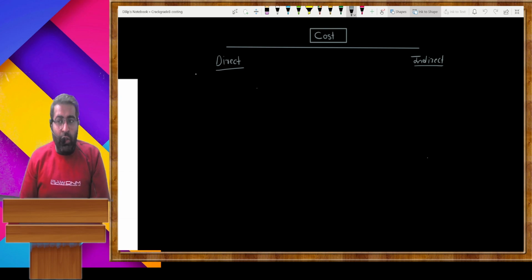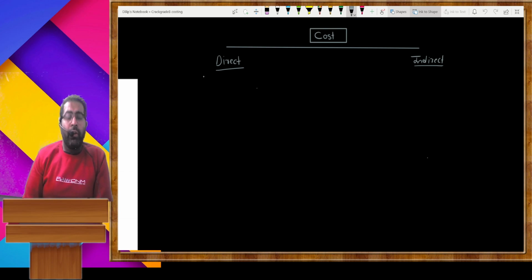One is direct and one is indirect. Direct cost is that cost which is very easily calculated, which can be identified on a single unit.